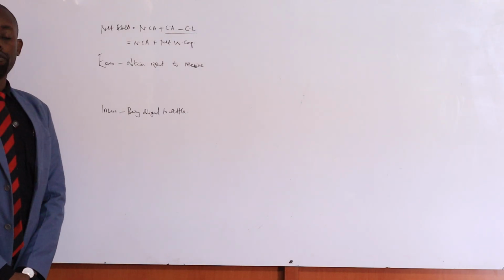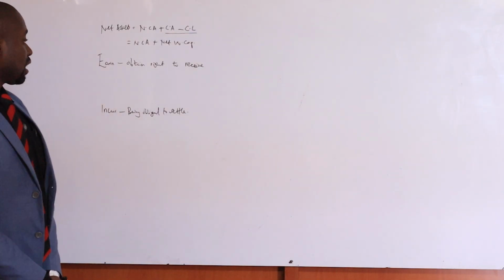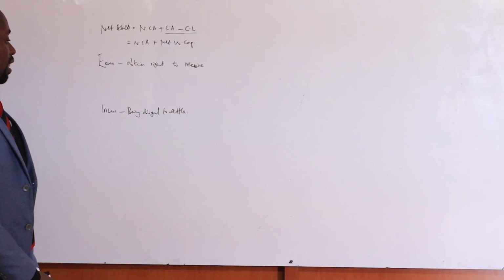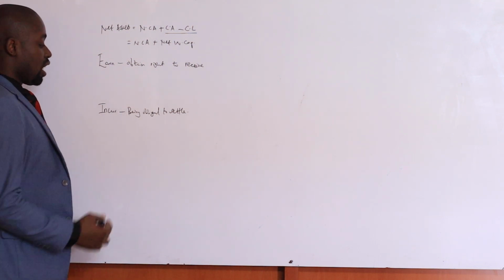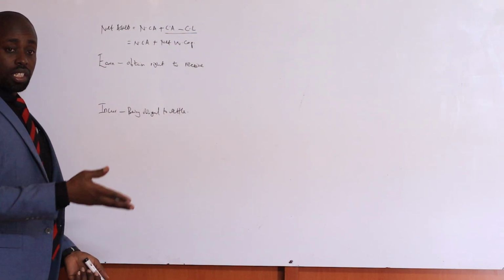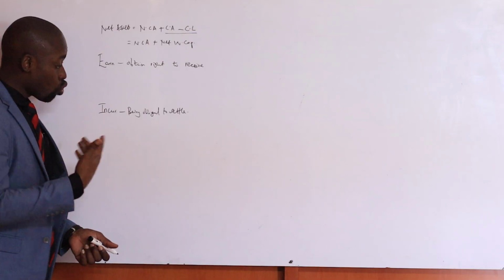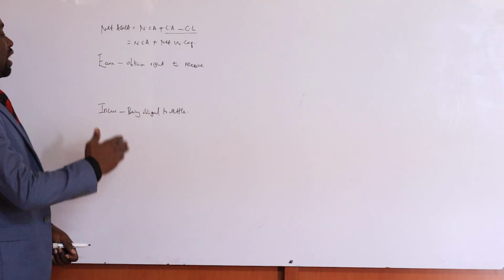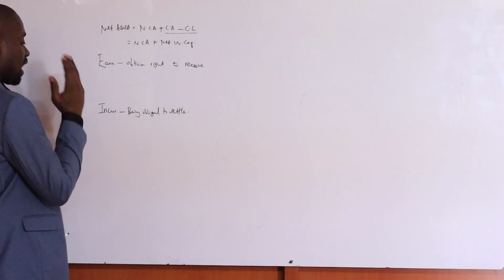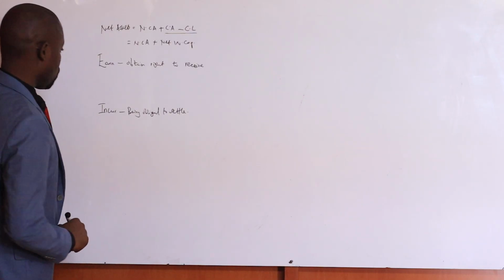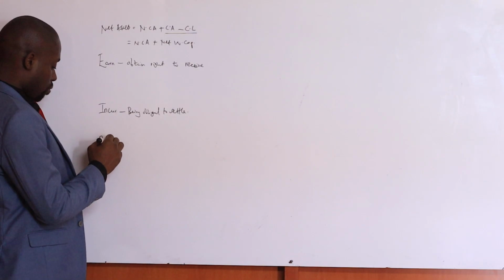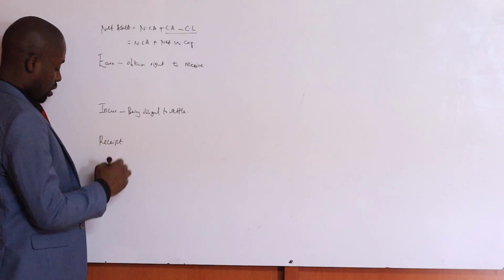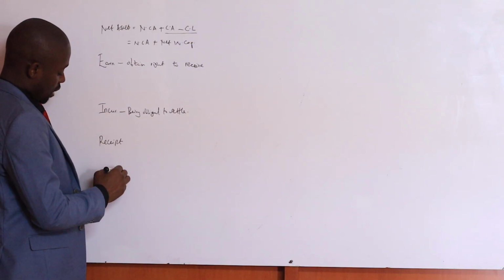Like somebody has served you for a given period of time, let's say for a month, and the month has ended, you are supposed to pay them. At that point, you have incurred. In case you have not paid, we shall say it's accrued. Now, after understanding the words earning and incurring, I want us to also understand the word receipt. Receipt and settlement.